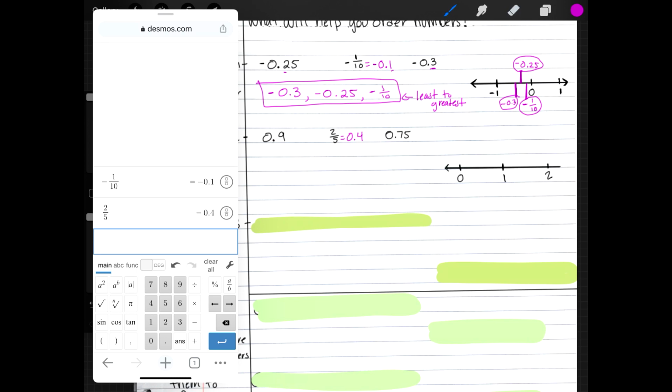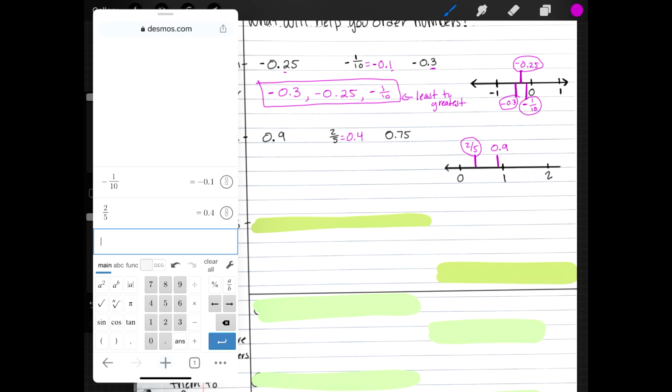Okay. So let's look at the 0.9. I know 0.9 is going to be closer to the 1 because we're on the positive side. Okay. 0.4, that's closer to the 0. It's kind of halfway, but it's a little bit towards the 0 than the 1. So that's the 2/5 right there, or the 0.4.